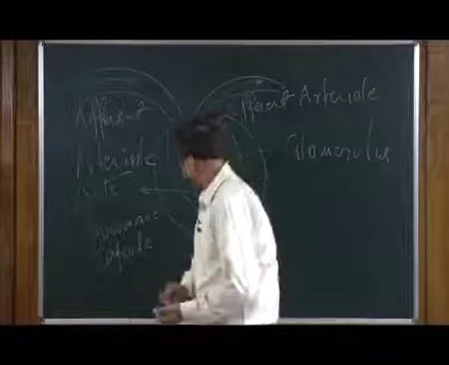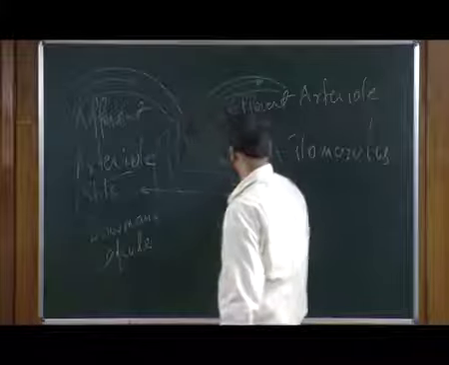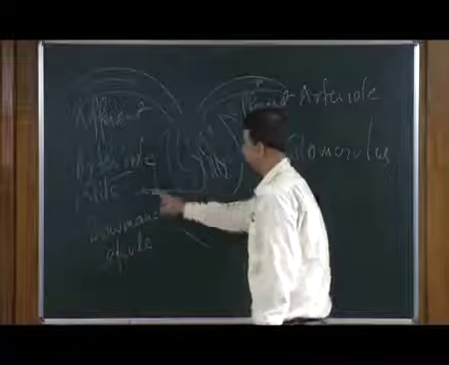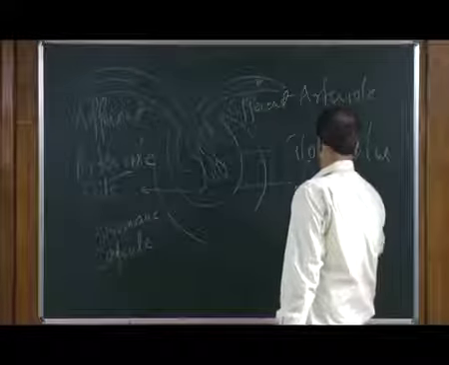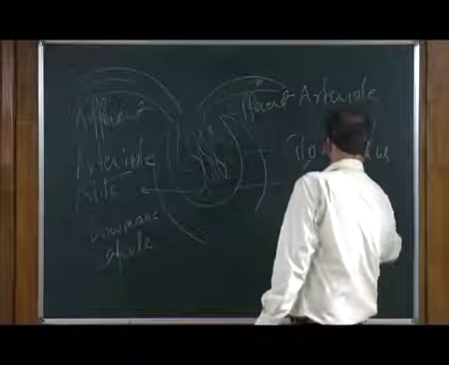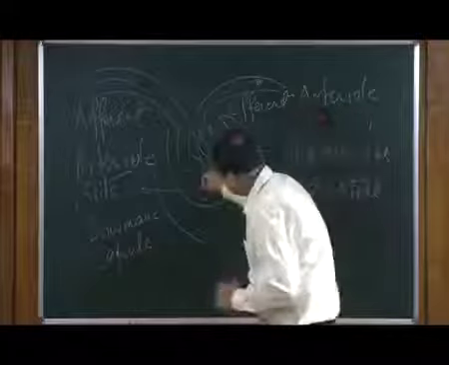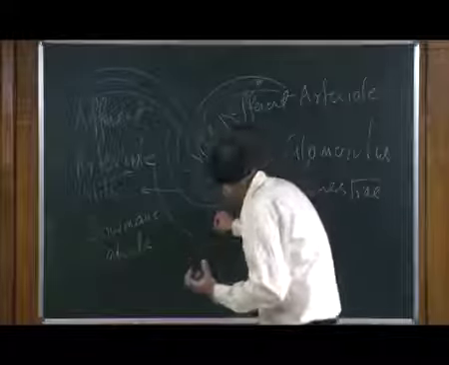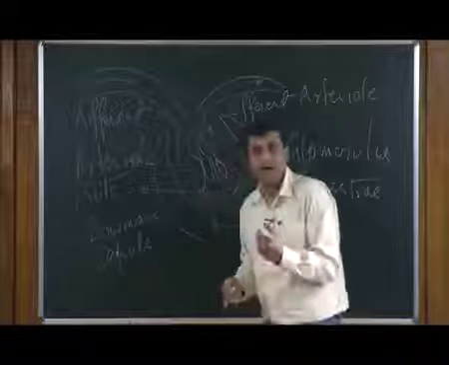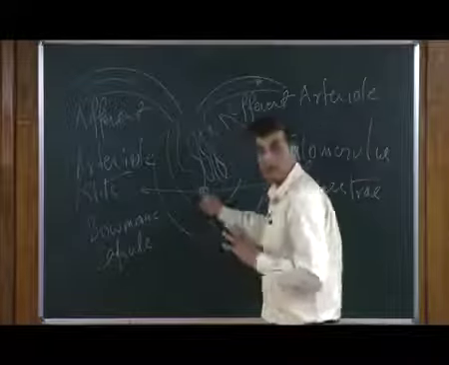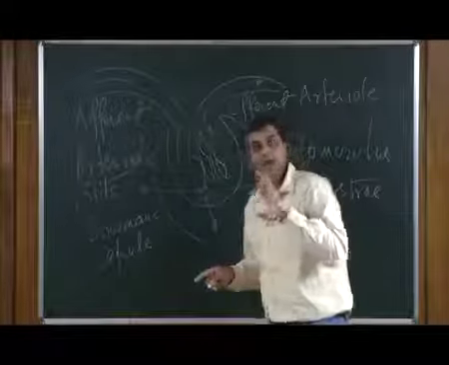So let's write it down here: these holes, which are called slits, are also called fenestra. The blood filtrate is coming out. What is coming out is the complete fluid part except the cellular portion, the RBC, and protein.